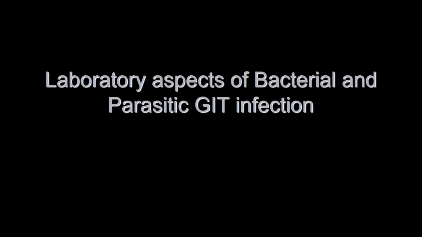And in the parasites, the most important part is to see the ova that is related to that type of parasite, and sometimes parasitic segments as well. And those are so important in making a diagnosis of the main problem that involves the gastrointestinal tract, which is mainly the diarrhea.